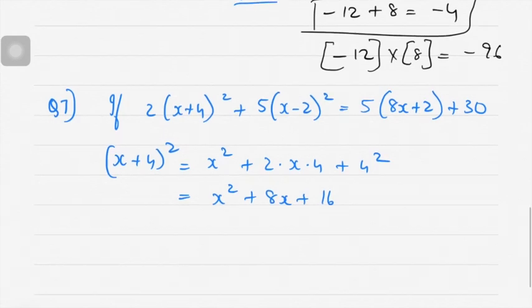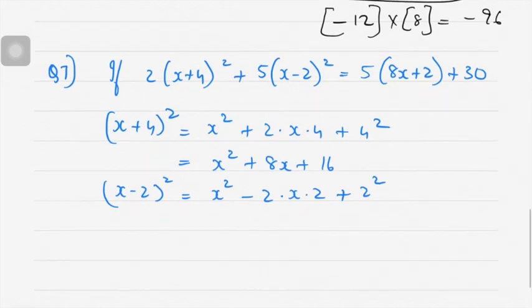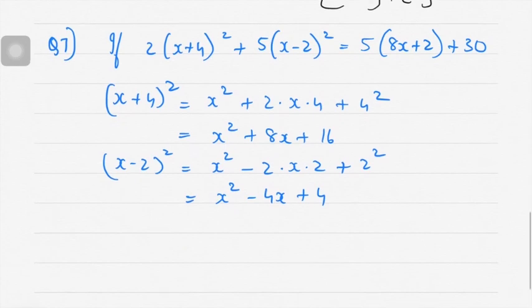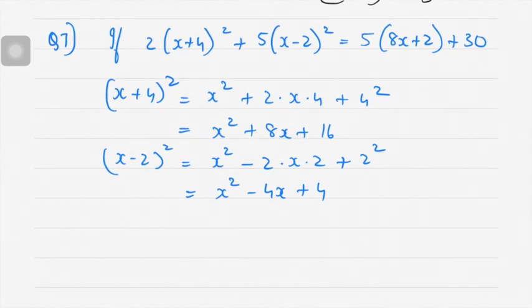Which is x square plus 8x plus 16. Right? And (x minus 2) the whole square is equal to x square minus 2 into x into 2 plus 2 square, which is x square minus 4x plus 4. Correct?